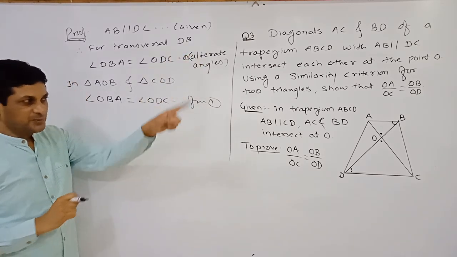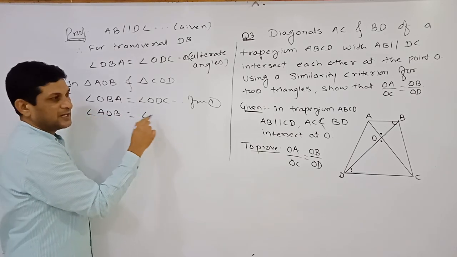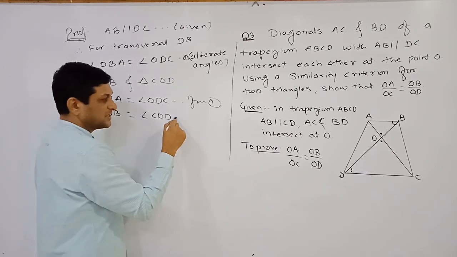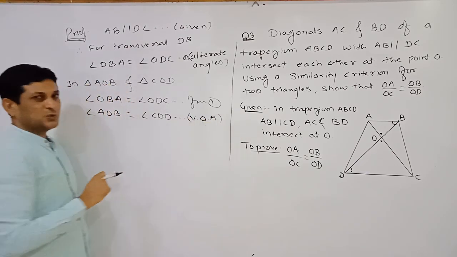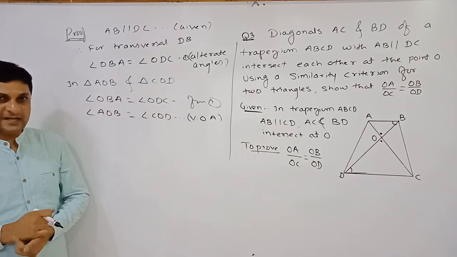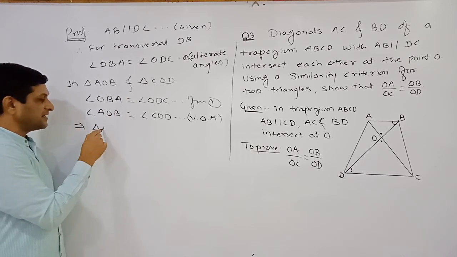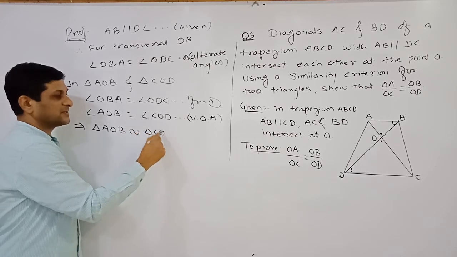Again, here we can observe the figure, angle AOB and angle COD. Check whether these two angles are vertically opposite angles. So these are vertically opposite angles. So we have shown that two angles of the first triangle are equal to two angles of the second triangle. Hence we can say that these two triangles are similar. So this implies that triangle AOB is similar to triangle COD.